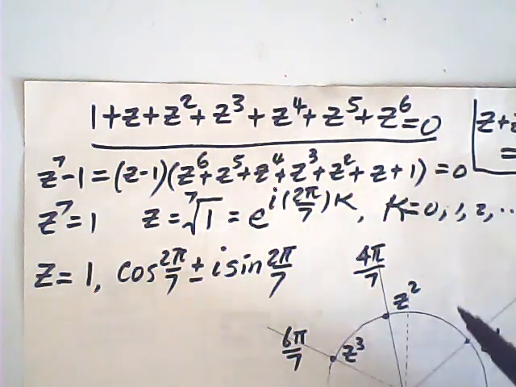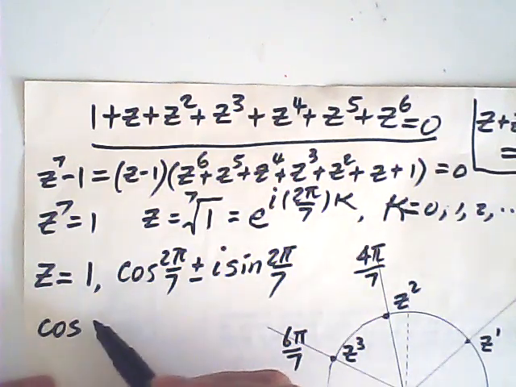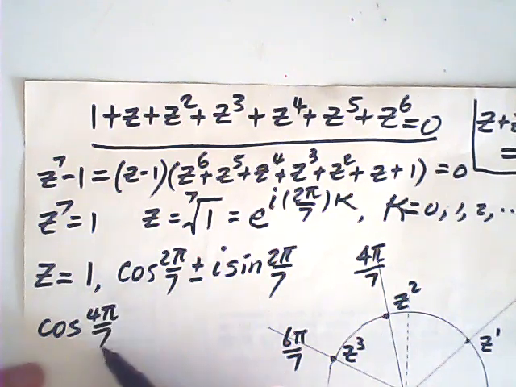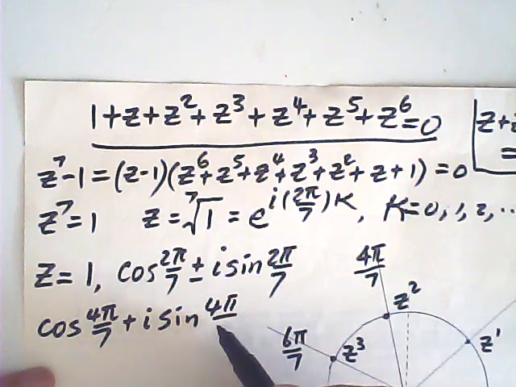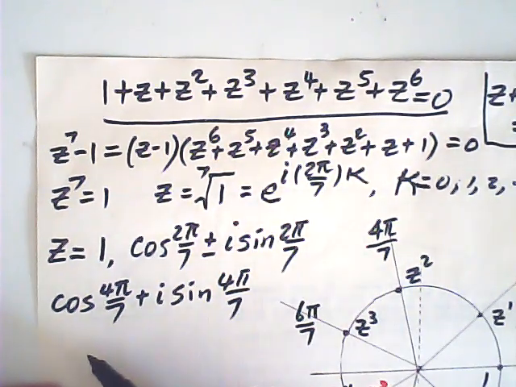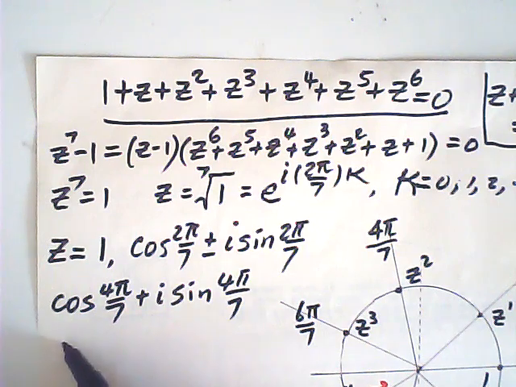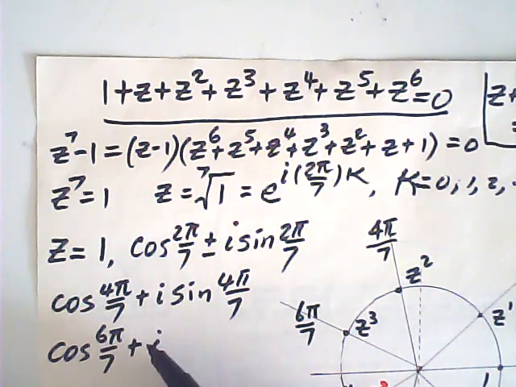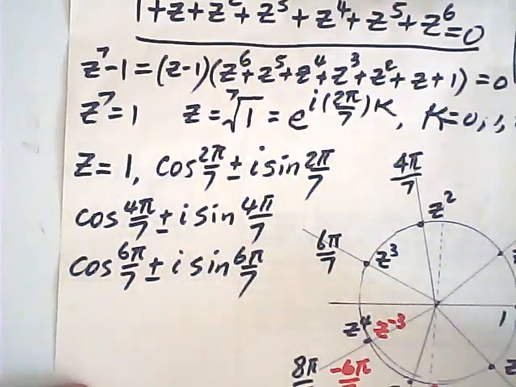And when k equal to 2, this will be cosine 4 pi over 7, right? Plus i sine 4 pi over 7. Then there's another one, cosine 6 pi over 7 plus or minus i sine 6 pi over 7. So you have 7 roots.